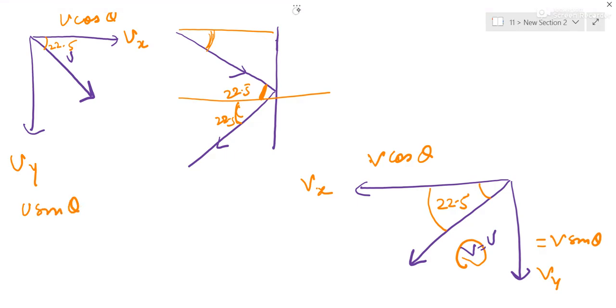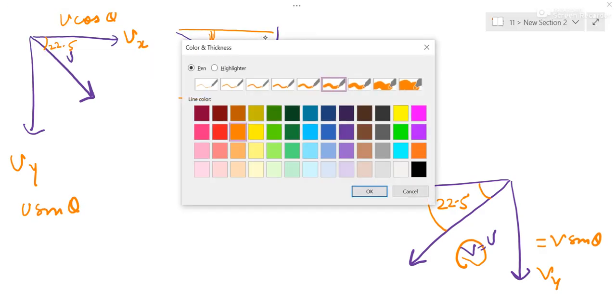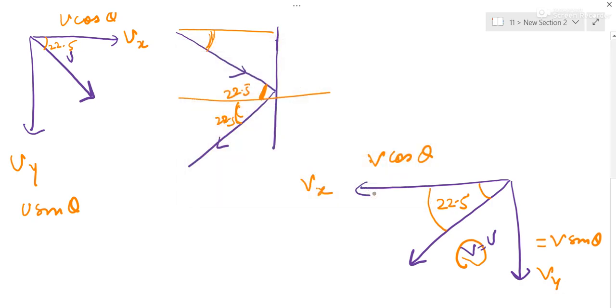Now coming to the signs we have to put. This is the negative x-axis, so this is negative. This is the positive x-axis, so this is positive. This is the negative y-axis, so this is negative. This is the negative y-axis, so this is negative. Now I am writing all the things together: ux, uy, vx, and vy with sign.